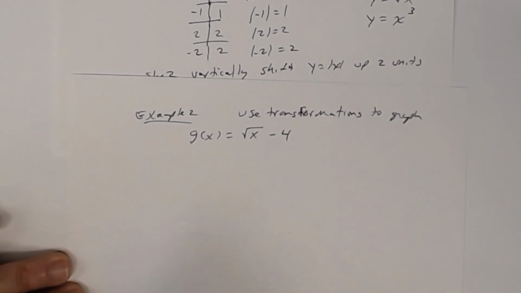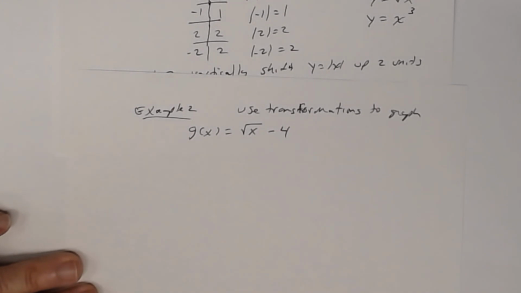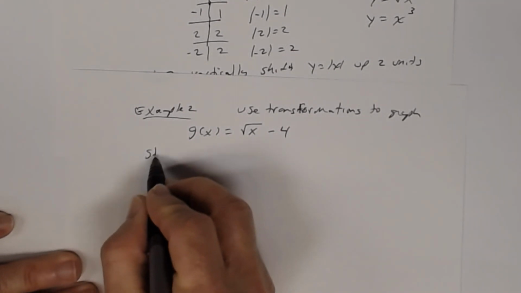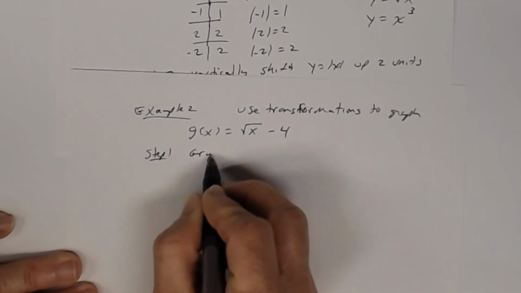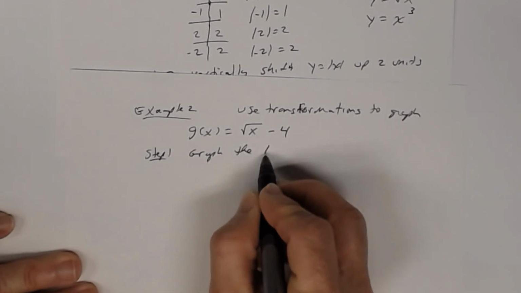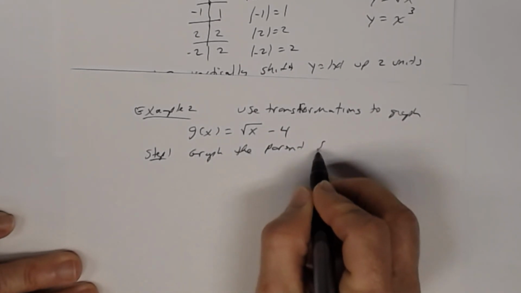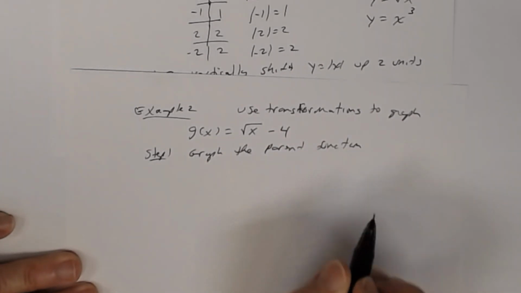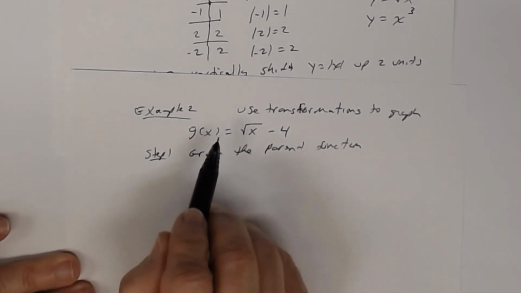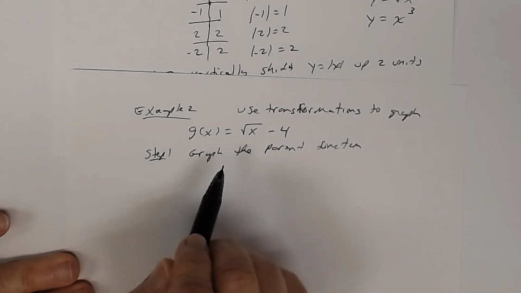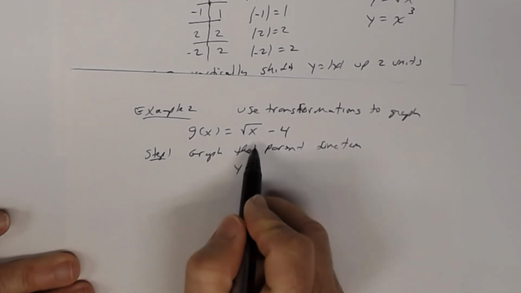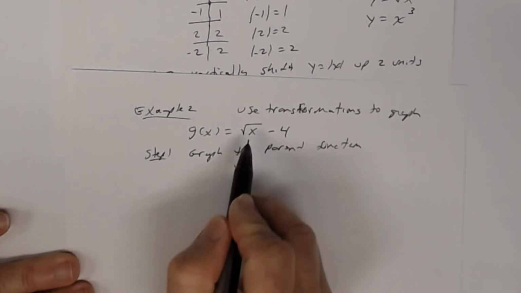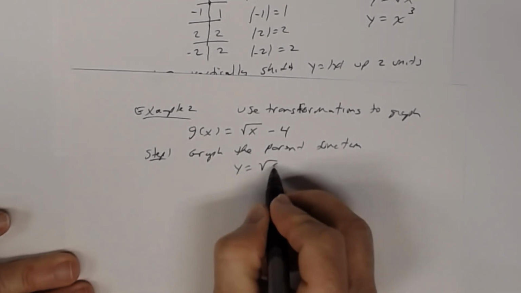So remember, whenever you're told that, step number 1 is to always graph the parent function. And hopefully you can tell me in this case what you think the parent function is. So y equals, the parent function is the square root of x. That's your parent function.